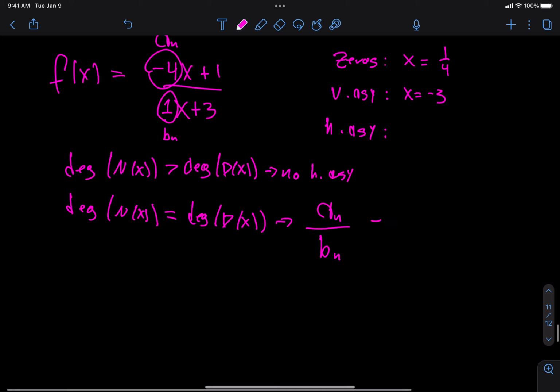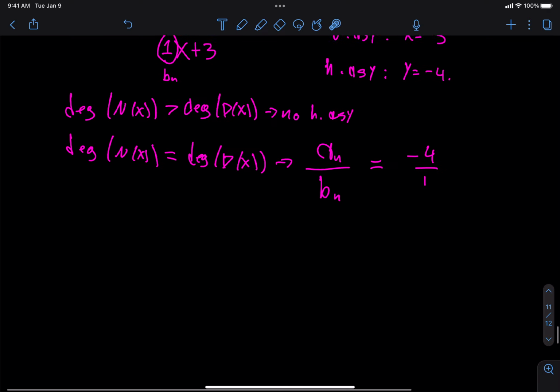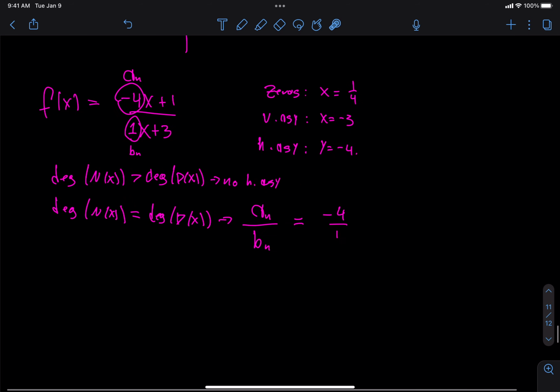Okay, so in this case, it's -4/1. So we get a horizontal asymptote at y equals -4, right? That makes sense. We had a horizontal asymptote at y equals -4 from before. Okay, so that's our horizontal asymptote.